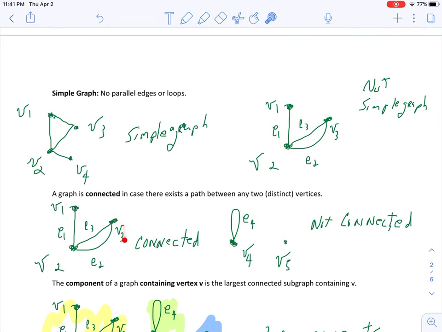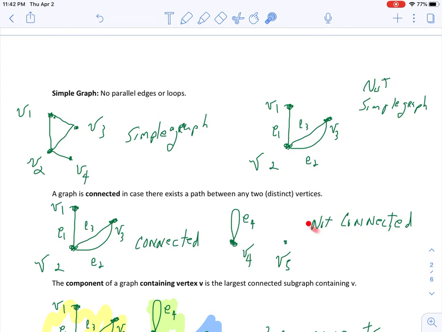So if I look at this graph right here, it's easy to see it's connected. Why? Because I can walk from any vertex to any other vertex. I could go from V1 to V3 that way, or I could go from V3 to V2 that way. The point is, I could start at any vertex and get to any other vertex. That's what it means to be connected.